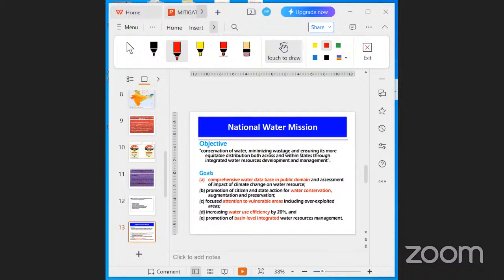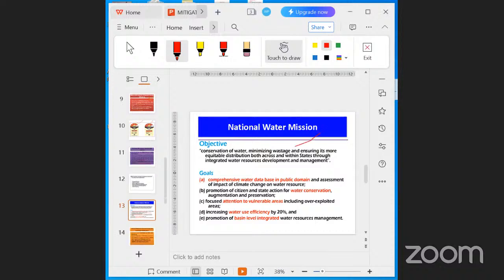Conservation of water, minimizing wastage, and ensuring its more equitable distribution both across and within states through integrated water resources development and management, right?